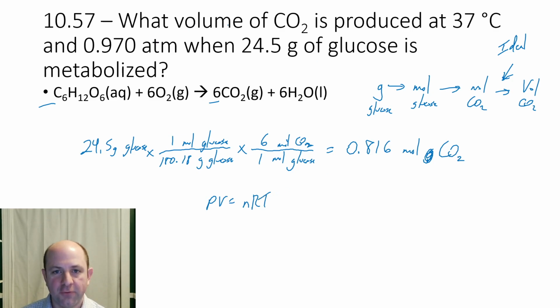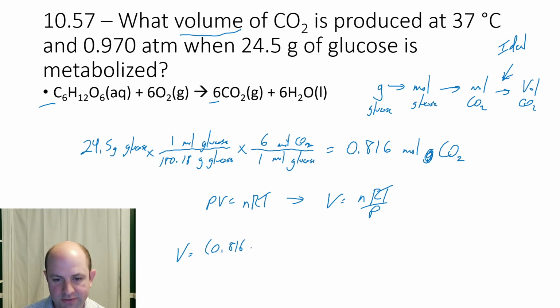We're trying to solve for volume. So that means we'll make that volume is nRT over P. So now we just plug that in. Moles we just got, it's 0.816 moles. R, 0.08206 liter ATM over mole Kelvin.